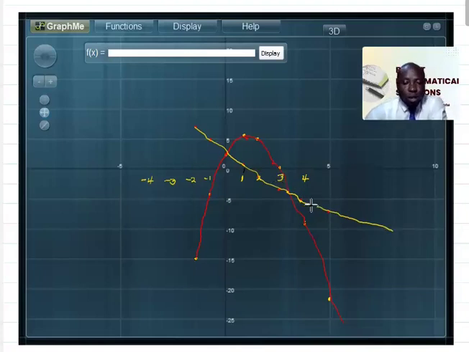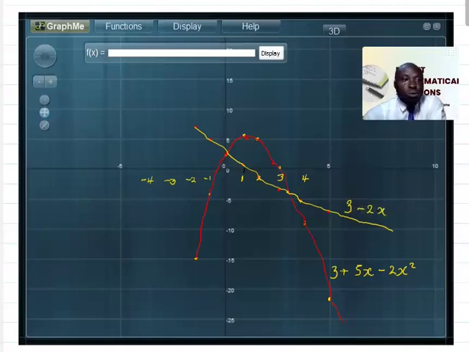So let us write the equations on this. We have the first equation to be 3 plus 5x minus 2x squared, and the second equation to be 3 minus 2x.